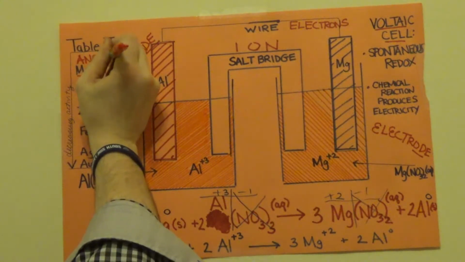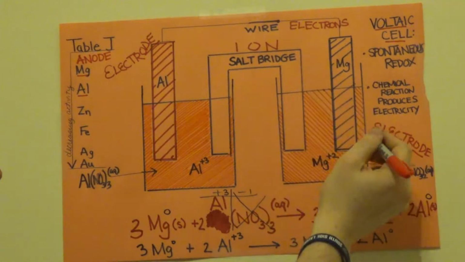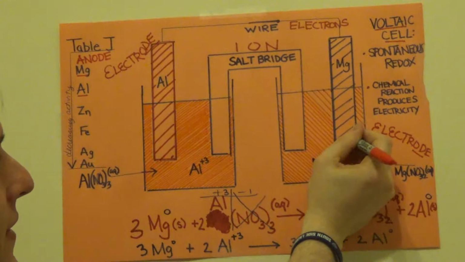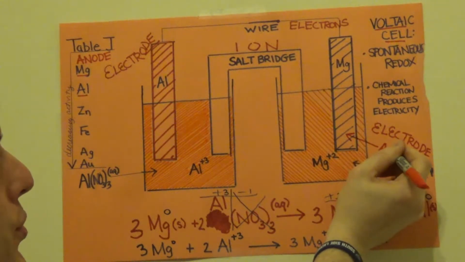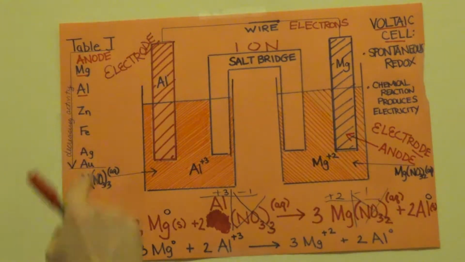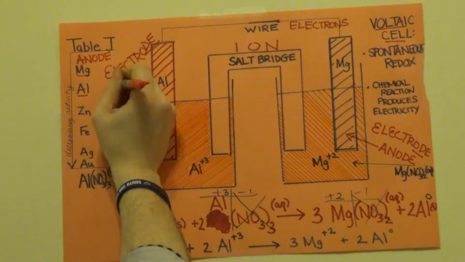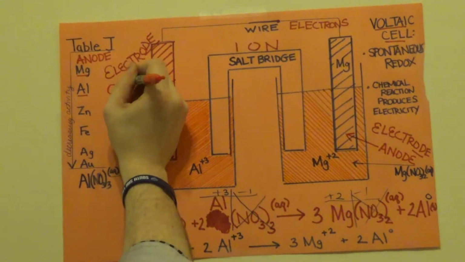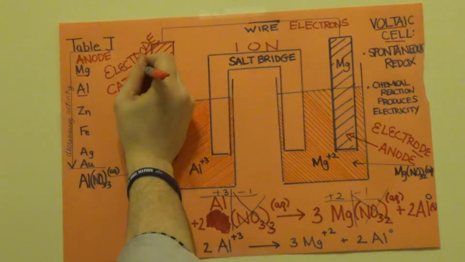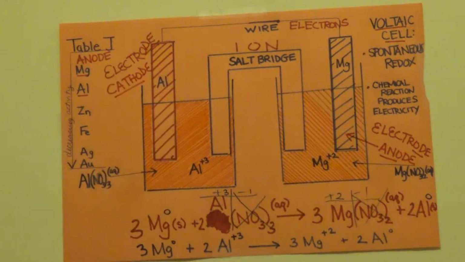Remember, these are both electrodes, but this metal here is called specifically the anode. The less reactive metal, below it, is considered the cathode. So that's your first order of business, figuring out what the anode is and what the cathode is.